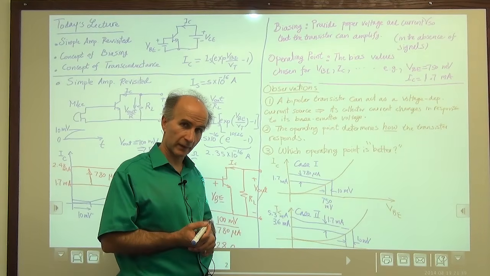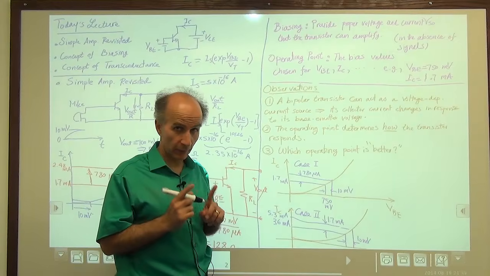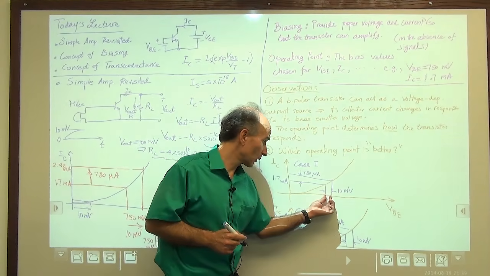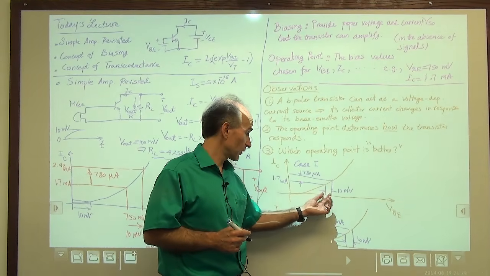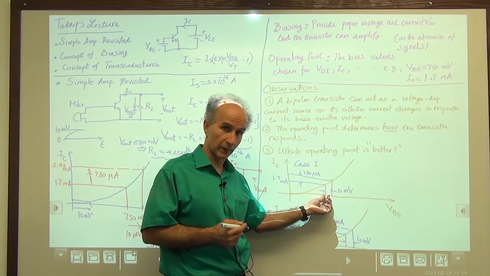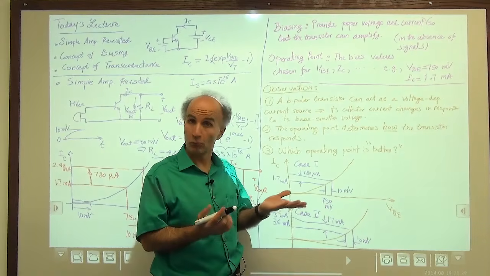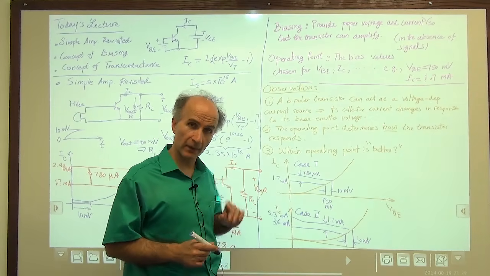That will give us a transconductance. Will it? Well, we just have to be careful that the derivative assumes a very small change here and a very small change here. If this change is not very small, then the derivative is not accurately calculated. Is 10 millivolts small? We don't know yet. So for now, let's just say it's small enough.